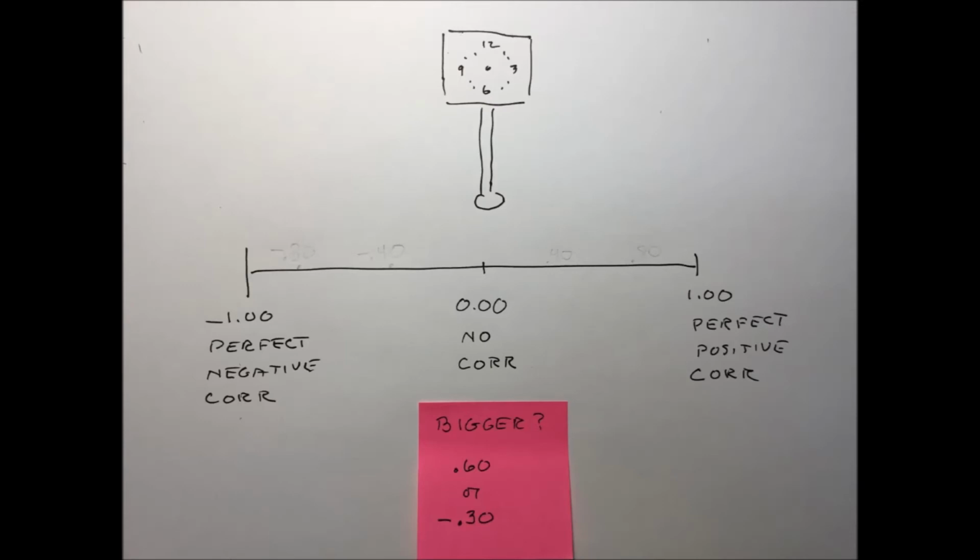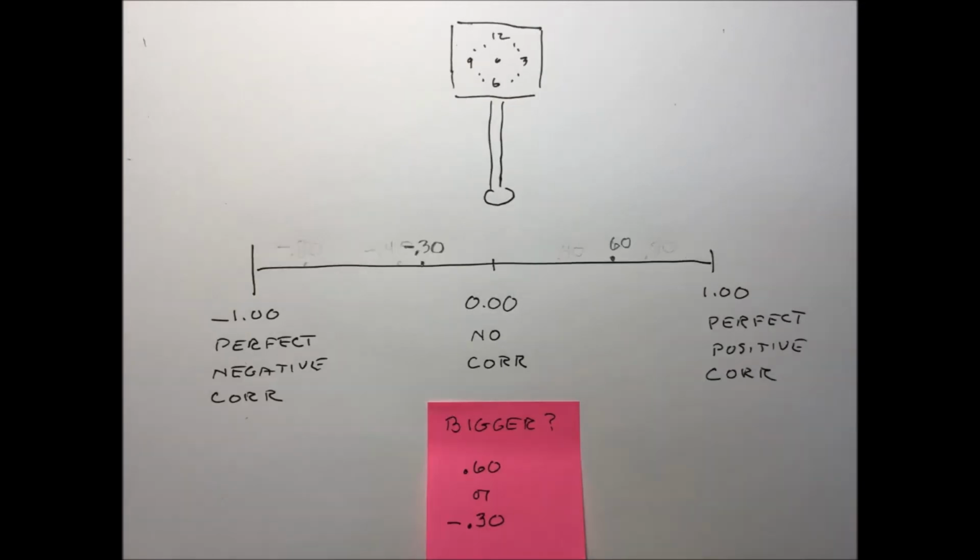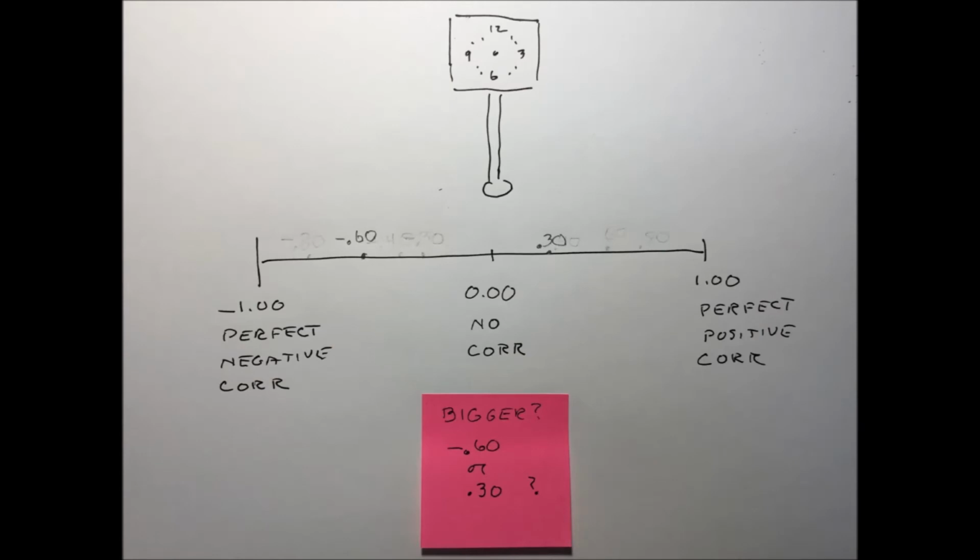Here's another problem. Which one is bigger, 0.60 or minus 0.30? Make the marks on the number line, and you can see that 0.60 is farther from 0 than is minus 0.30. That's an easy one. Let's try this one now. Which is bigger, greater, larger, minus 0.60 or 0.30?